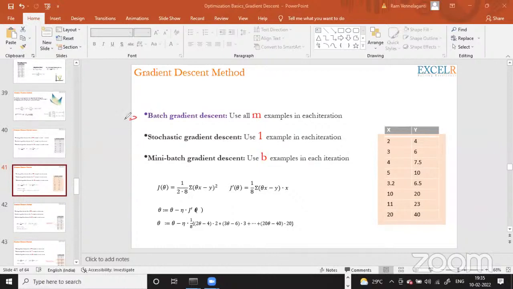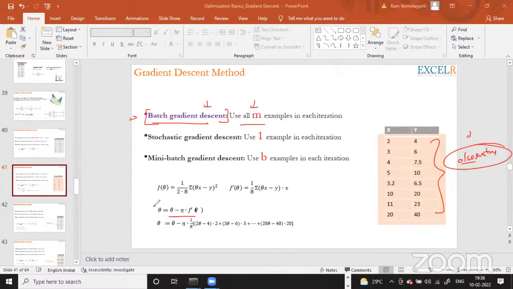So first we are going to study batch gradient descent. In batch gradient descent, what is your objective? You have to consider all your observations in your data, the entire data.